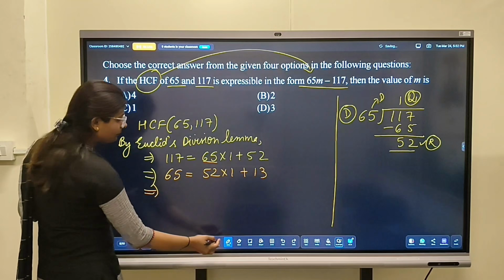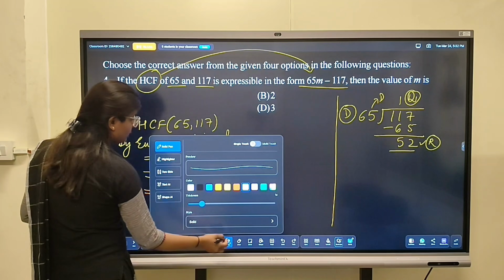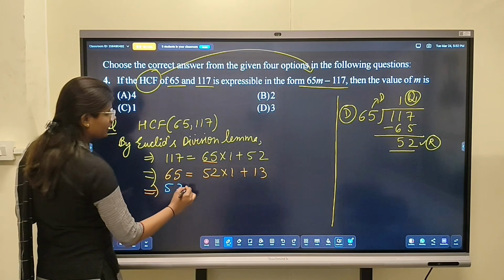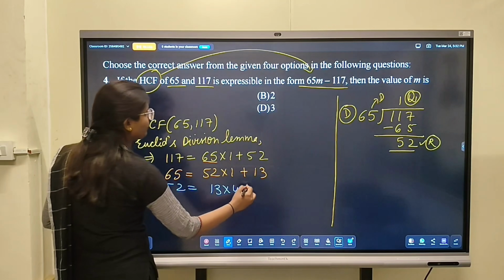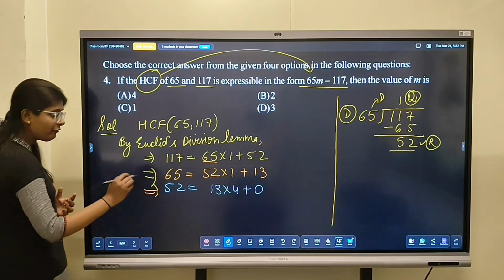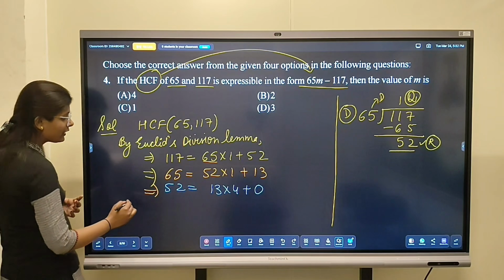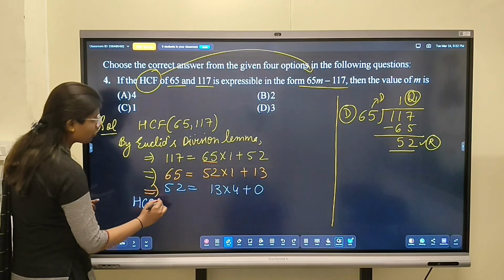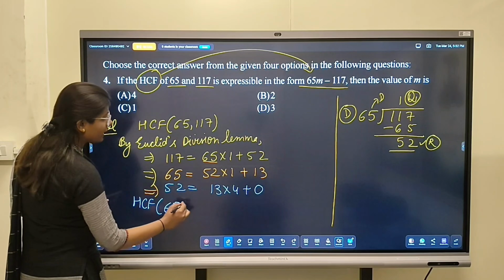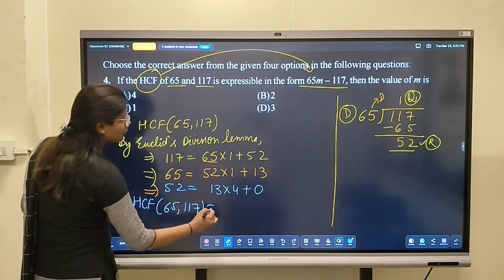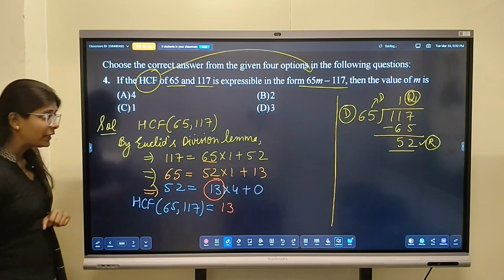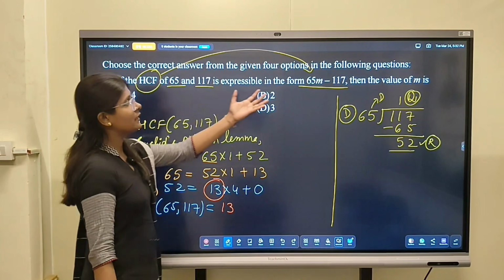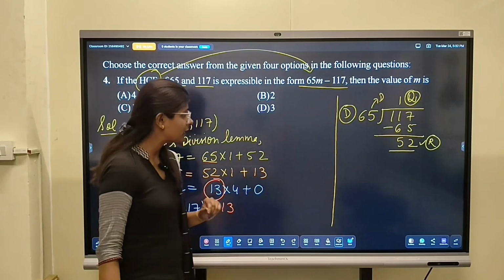Now we will be taking, let's say 52, and 52 can be written as 13 times 4 plus 0. If you focus here, you will find that the HCF of 65 and 117 is obtained. So our HCF is 13. But in the question, they said the HCF is 65m minus 117.